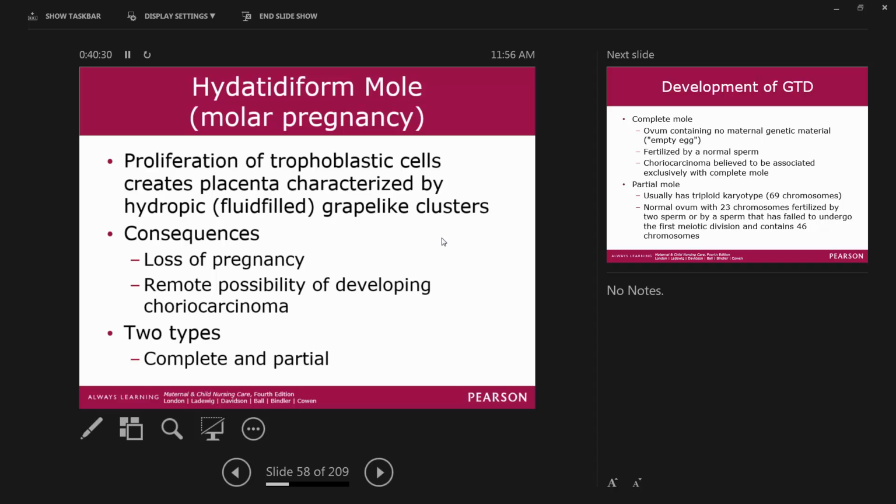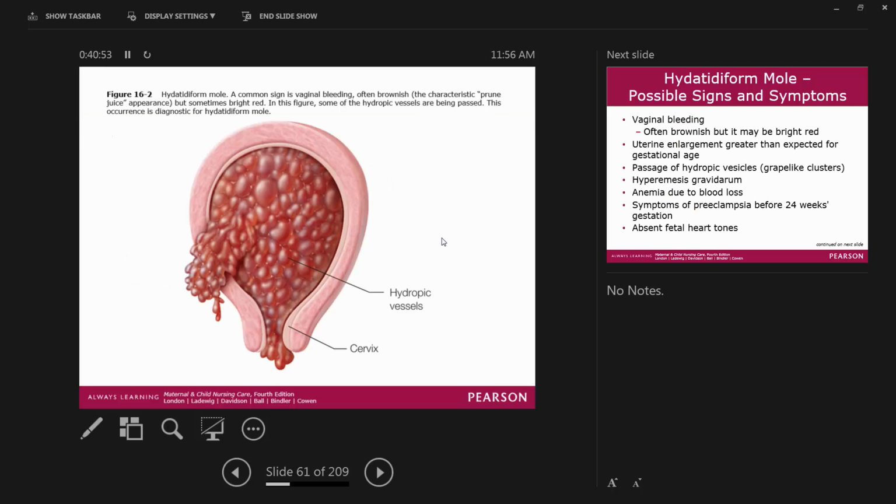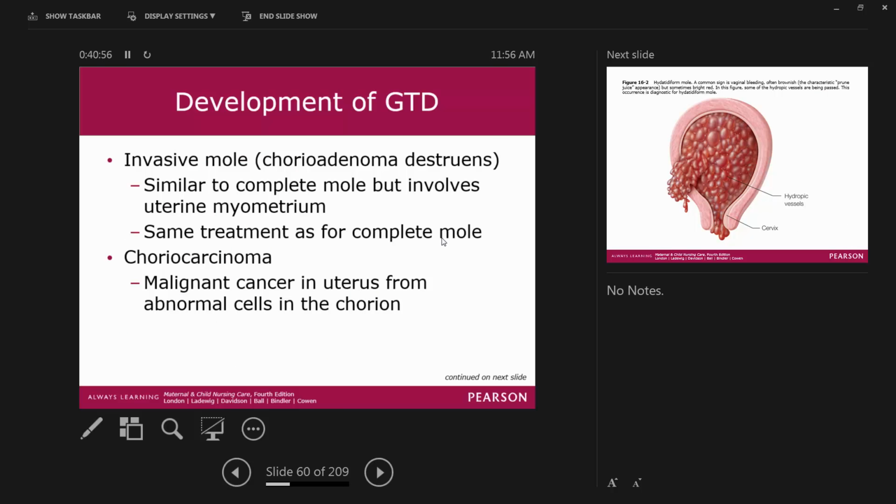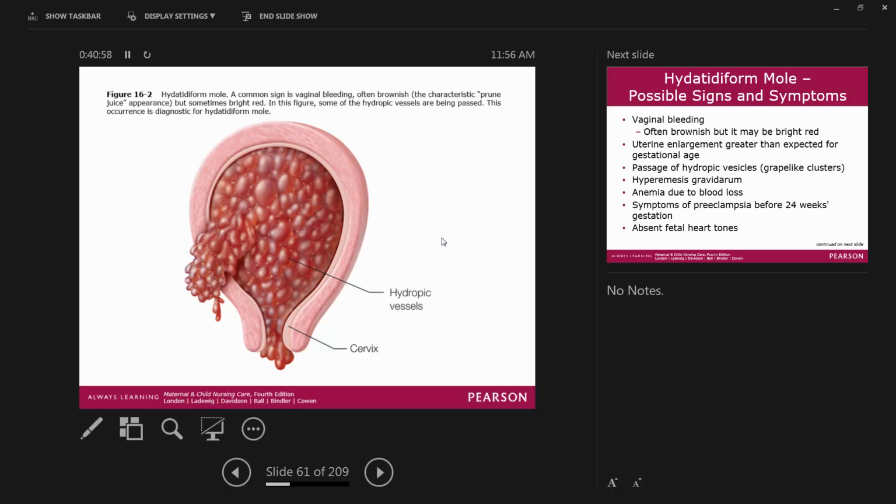In a molar pregnancy, or hydatidiform mole pregnancy, the egg that was supposed to fertilize and produce a fetus is now just these trophoblastic cells proliferating, and it looks like a big blob of grapes. Blood-filled grapes. And these things are what bleed.